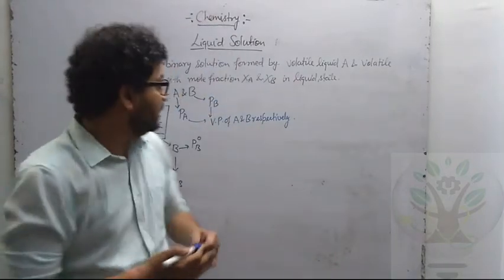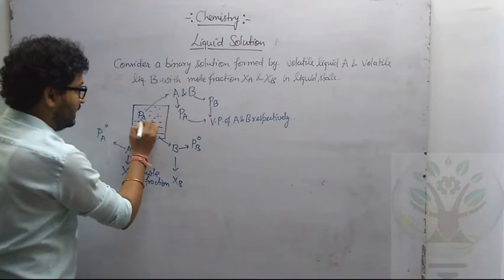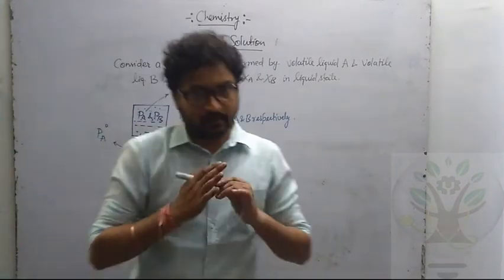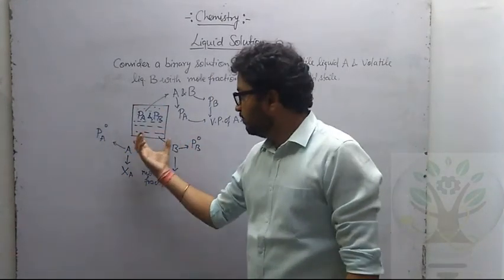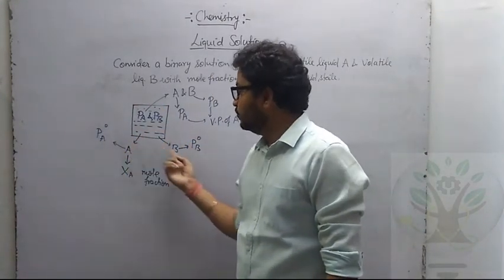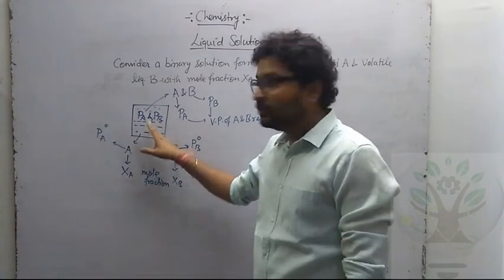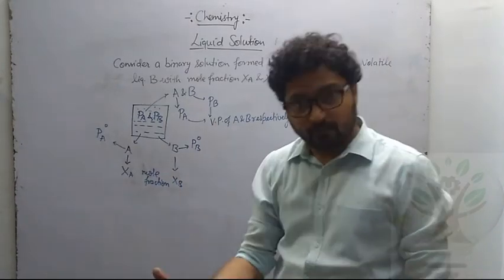I'm just saying PA and PB are the vapor pressures of A and B. Are you getting this? Okay, let me repeat this entire scenario one more time. I have a box in which I have kept two liquids, both volatile, A and B. Due to volatile nature, vapors will be formed, not only for A or B, it will be formed for both.